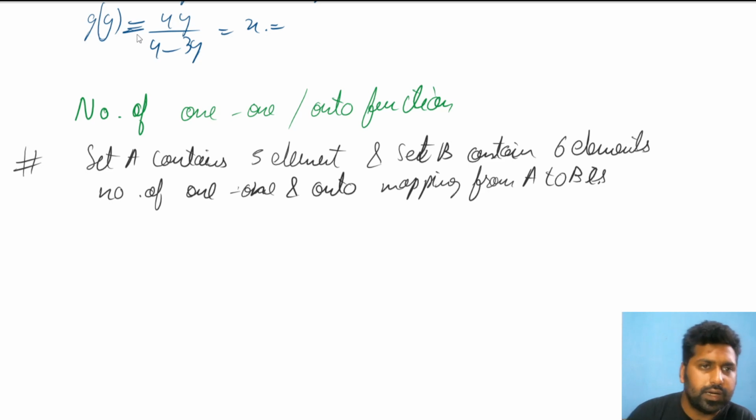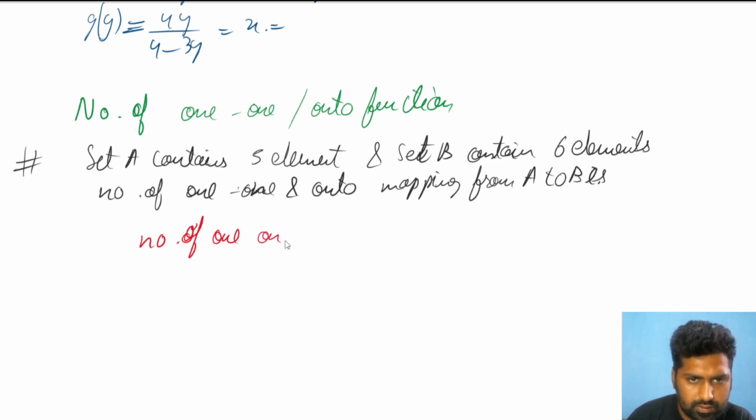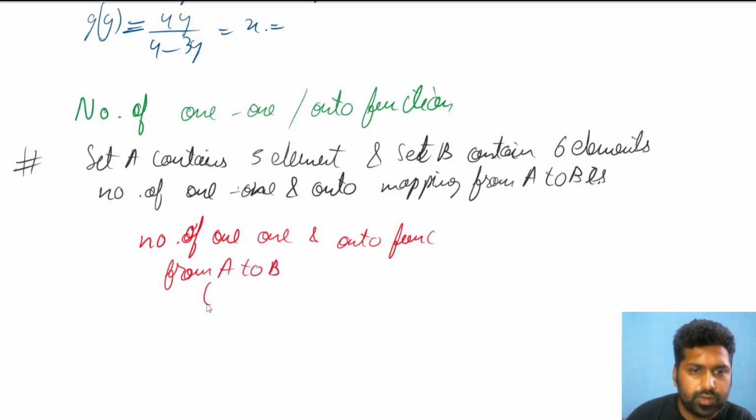So in order to find the number of one-one and onto functions from A to B, A will have m elements, B will have n elements, I'm assuming that.